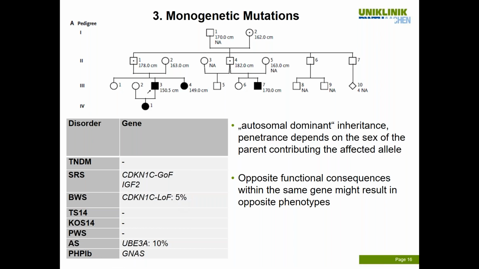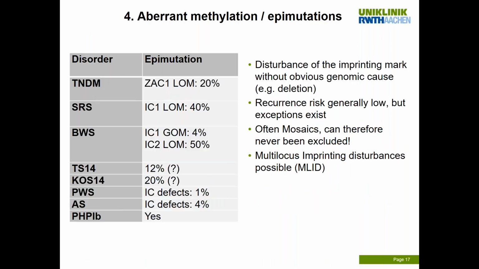In families with Beckwith-Wiedemann, it's even larger, up to 50%. In Silver-Russell syndrome, these variants are very rare, but I think the future will show whether they will account for a larger ratio of causes.